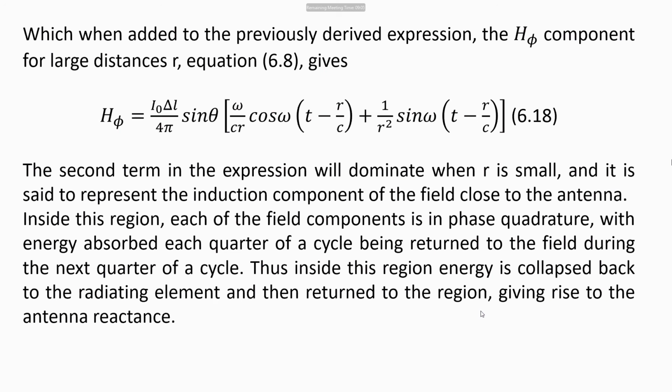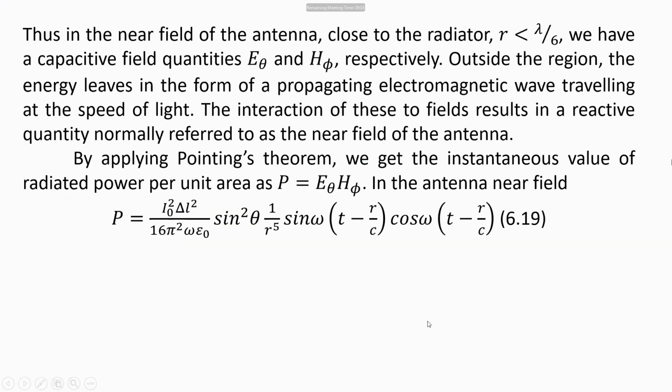Okay, so in the near field of the antenna close to the radiator, this is a very important interface. The near field is where r is smaller than lambda divided by 6.